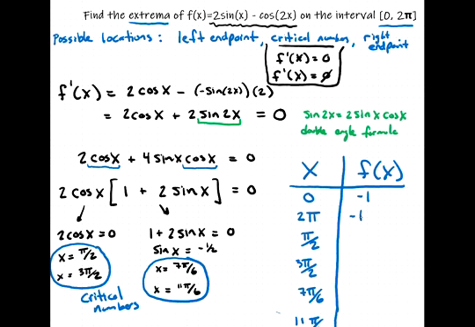Now, if we plug in pi over 2, well, the sine of pi over 2 is 1. So 2 times 1 is 2. And the cosine of pi over 2, well, in this case, it's the cosine of pi.